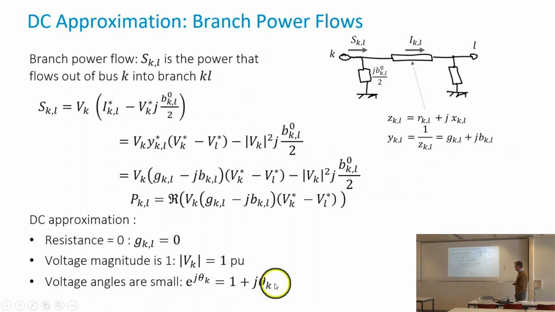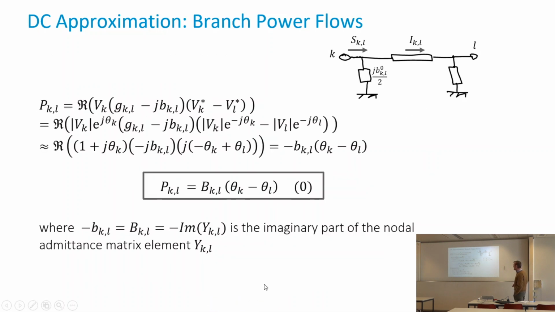Therefore, we approximate by this, which means the cosine is approximated by 1 and the sine by theta. If we put the approximation here, this is the exact value we have. The modulus we replace by 1, the exponential by 1 minus j theta, and when we crunch all of this, we obtain this thing here, and when we take the real part, we obtain this very simple expression.